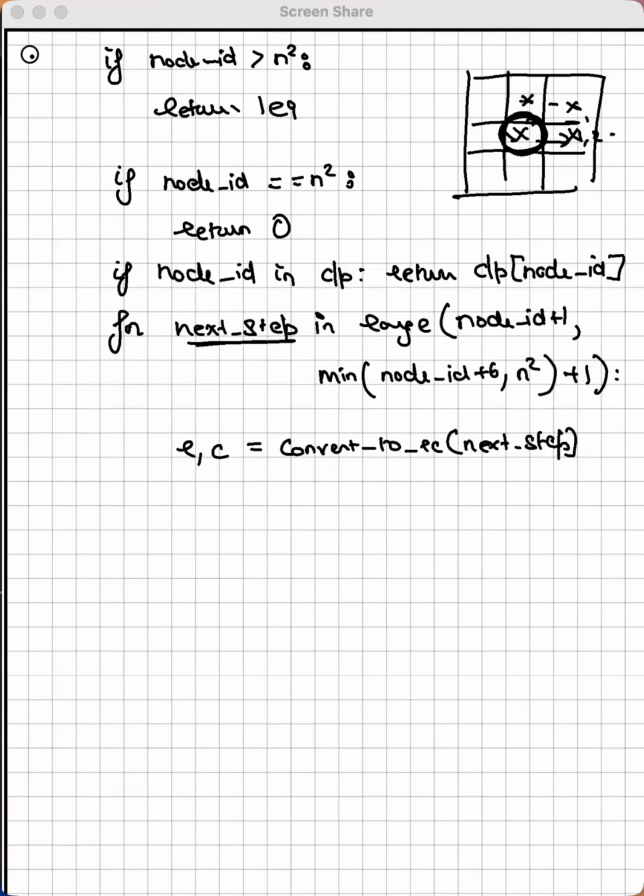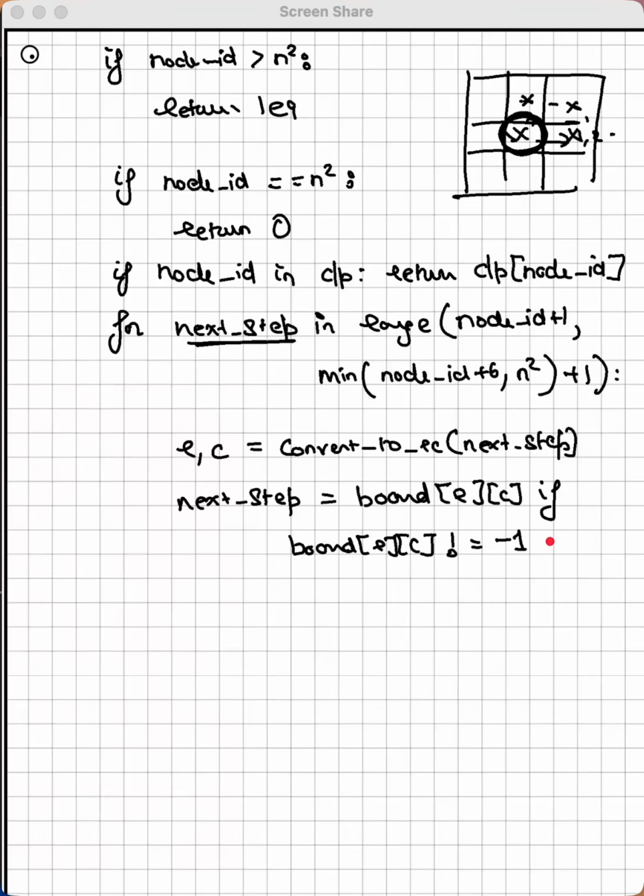So we can check if board of R and C is not equal to -1. That means there was a value, otherwise we will take the value that we had identified using the dice rule. And I do this.